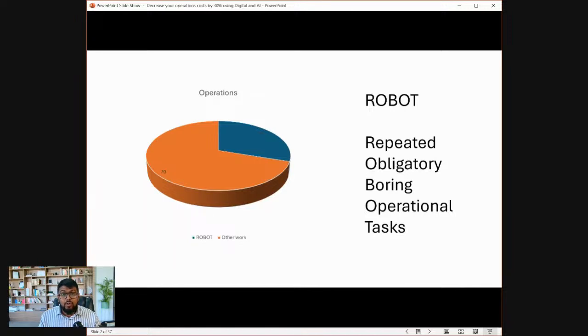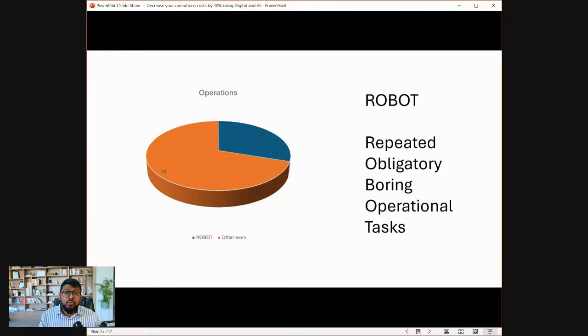Secondly, they are obligatory, which means that you have to perform them to make sure that your operations are working in a streamlined way. The third thing, and the most important thing, is that most of the time these tasks are pretty boring because you don't really want to do them, but you have to do them because they are essential and important. And finally, operational tasks.